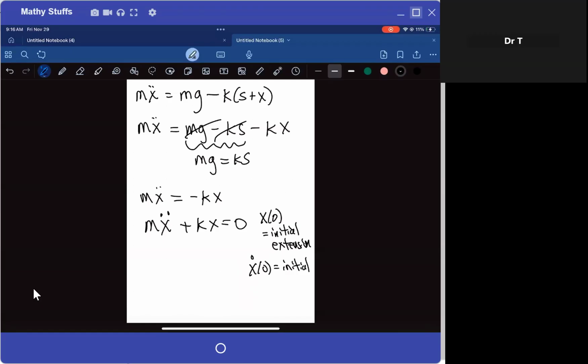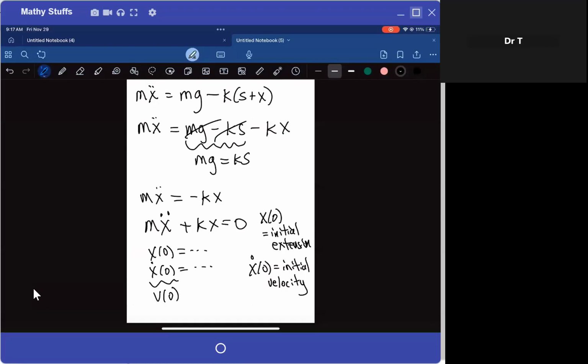And that means I've given the mass either a shove upward or a shove downward to get things rolling. And now we have our first mass spring system. Again, there are two initial conditions that come with this. So remember that this is the velocity at time 0, that x dot.